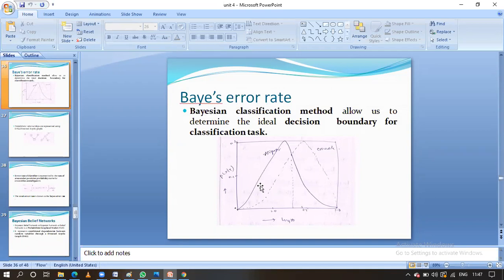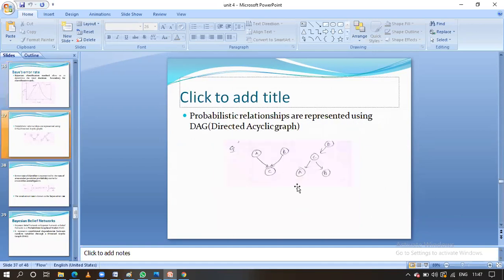The Bayesian classification method, guys, allows us to determine the ideal decision boundary for the classification task. And the probabilistic relation, how we are going to represent with the help of a DAG, guys. DAG means directed acyclic graph.